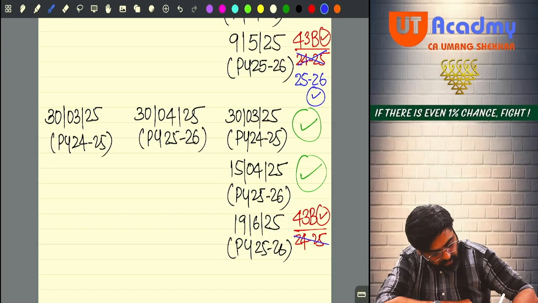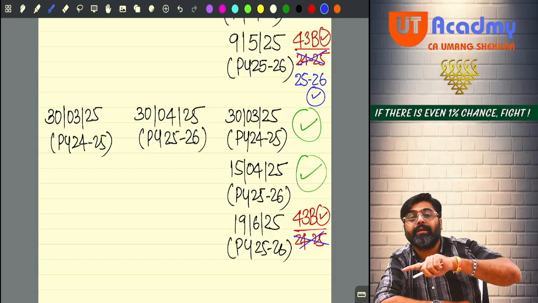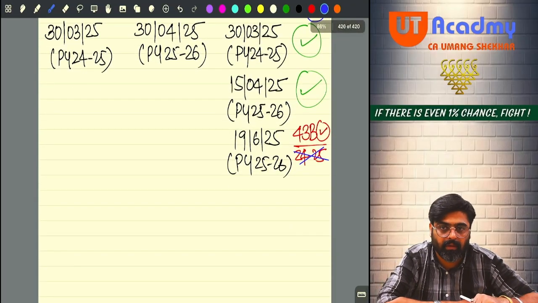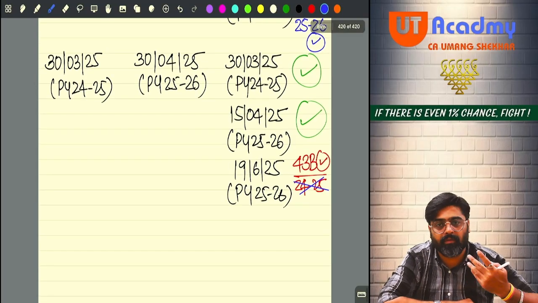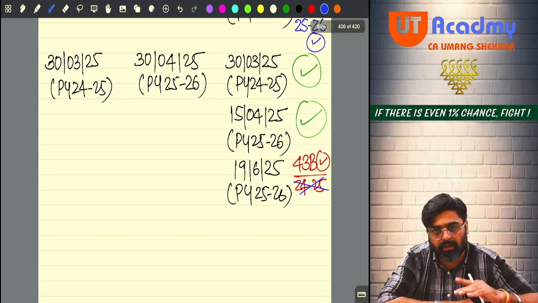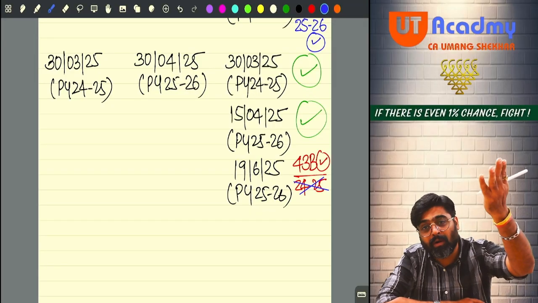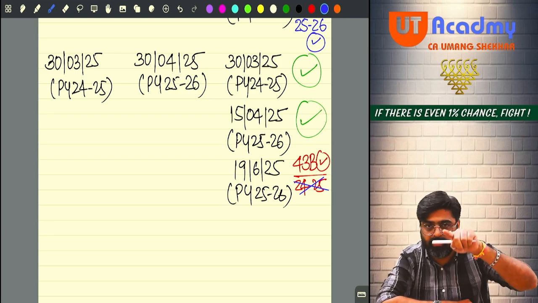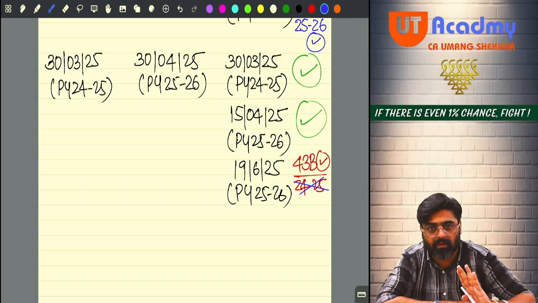No. Because the payment is not happening within the given time, which was till 30th of April. Till 30th of April you were supposed to make the payment. Did you pay till 30th of April? No. You are making the payment beyond the date given in section 15. So 43B will be attracted. The expense will not be allowed as a deduction for this year on mercantile basis.